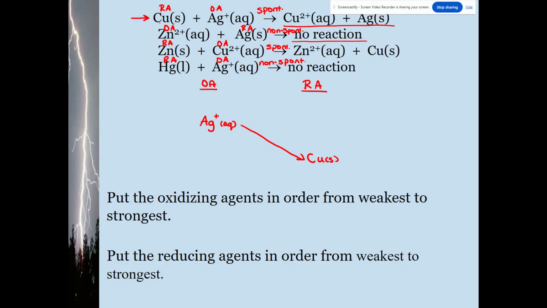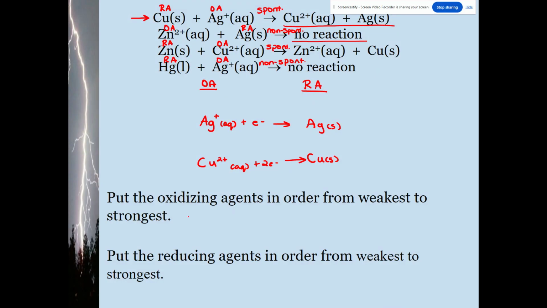That's what the first reaction tells me. The fact that the silver ion is spontaneous with the copper metal: if the silver ion is the OA, it therefore has to be higher on the chart than the copper as the RA. Now I'm going to finish their half reactions just like the chart in the data booklet. My silver ion would gain 1 electron to form silver solid, and my copper would have been formed from copper ions gaining 2 electrons to make copper solid.